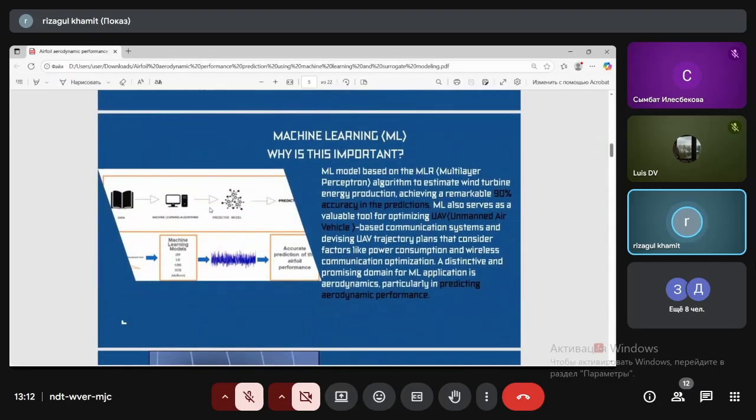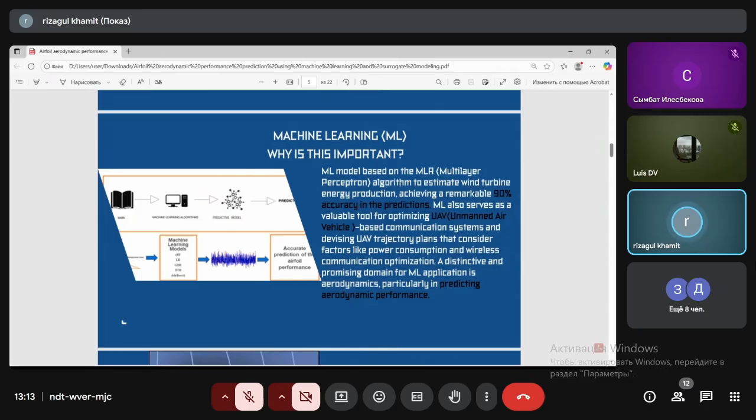On the next page, you can see information about what machine learning is and why it is important. Machine learning is an algorithm to estimate wind turbine energy production, and it achieved a remarkable 90% accuracy in the predictions.